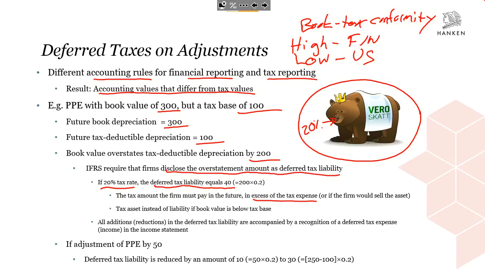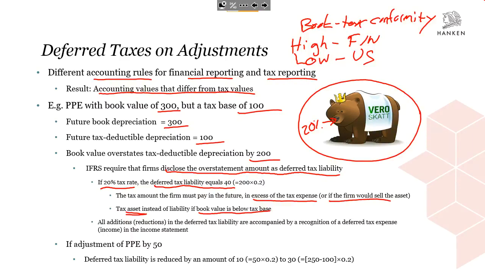This would also be the amount the firm needs to pay in the future if it sold this asset. It would be the other way around if the book value is below the tax base: then it would be a tax asset, and the other side of the balance sheet would be used.